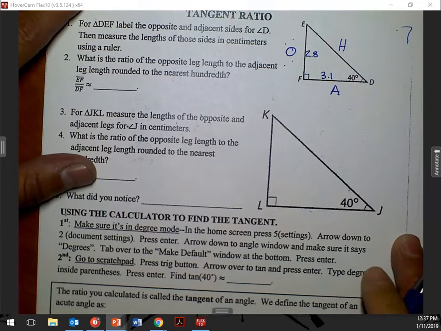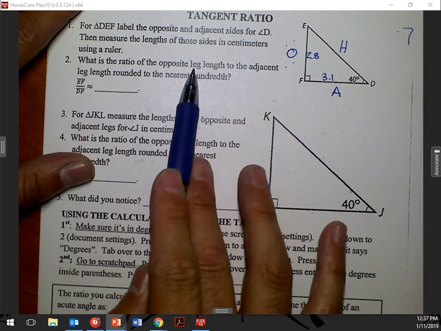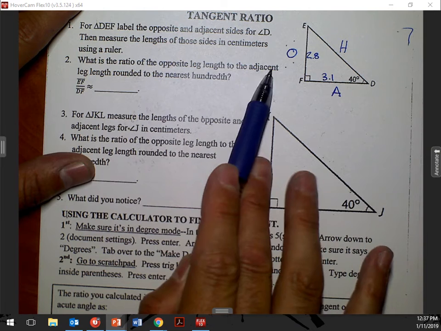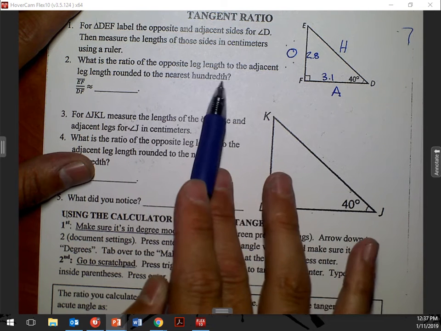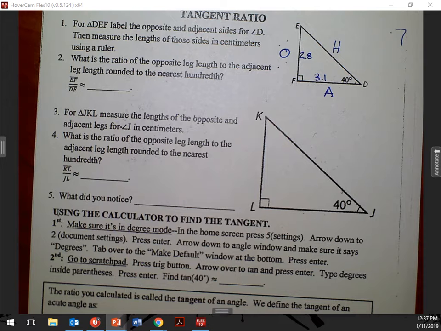Okay. So now, it says, what is the ratio of the opposite leg to the adjacent leg rounded to the hundredth? The hundredths means 2 decimal places. So I'm going to take my handy dandy calculator. That would be 2.8 divided by 3.1.